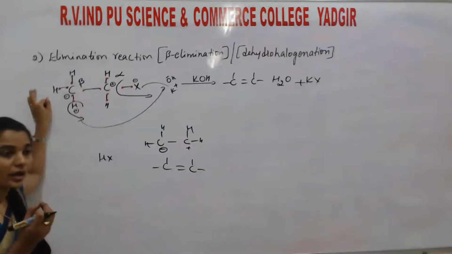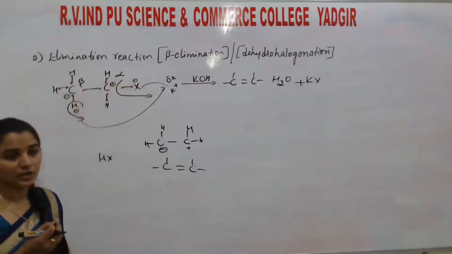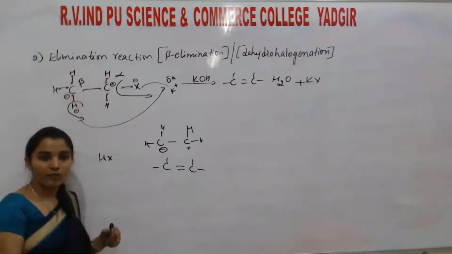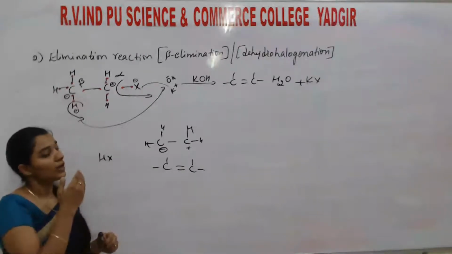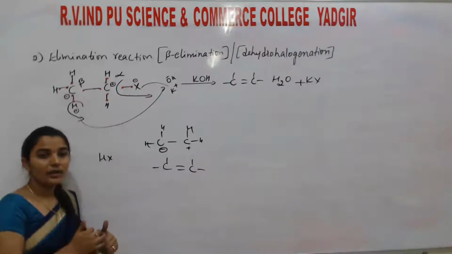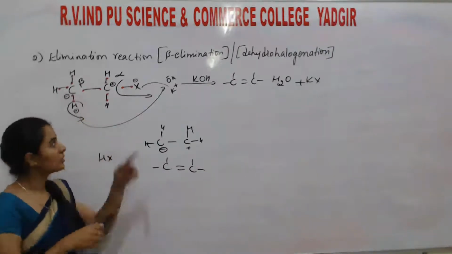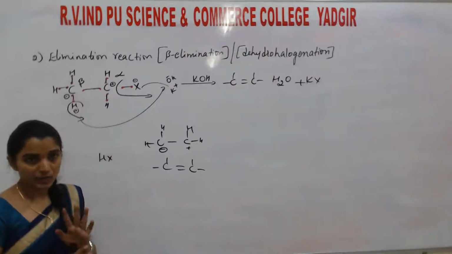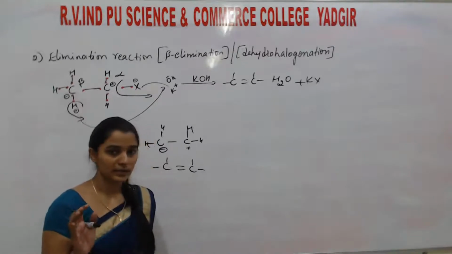So which carbon atom the hydrogen is bonded to decides the type of elimination. Here it is removed from the second carbon, to which the halogen is attached, so it is a beta elimination. Understand? This is how beta elimination takes place.